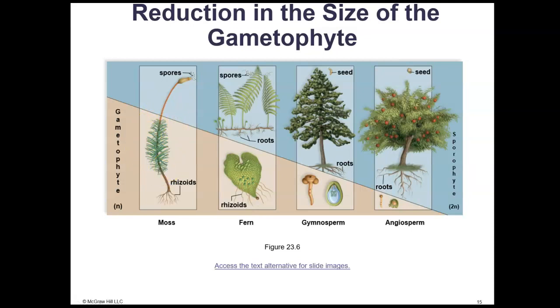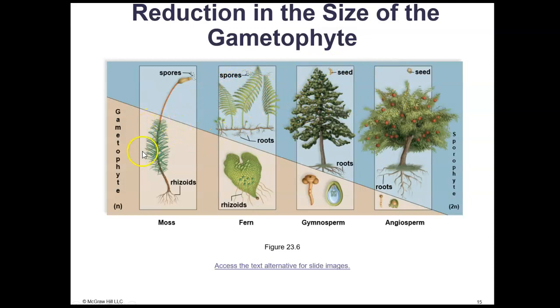But if I think about a fern, a lot of people have ferns in hanging baskets, and the fern fronds look like this. When I think about a fern plant, the structure that I recognize as the fern plant is actually the sporophyte generation. So the conspicuous or dominant generation in the fern is the sporophyte.